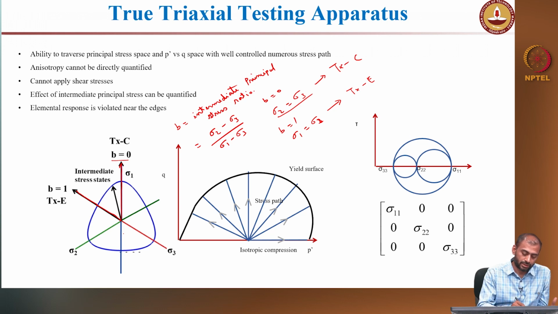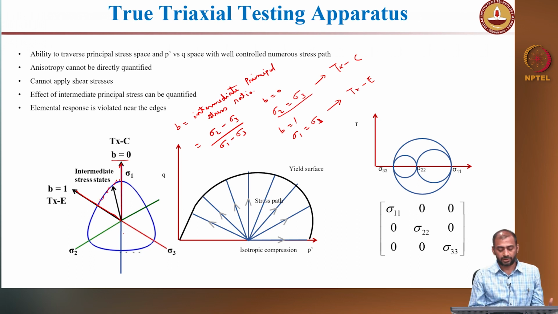So what is the different stress state in between? This is one sector of the failure locus, which is about 60 degrees. This is triaxial compression, this is triaxial extension. If you perform different stress paths, you will get the failure points on the octahedral plane, right. Similarly, in P prime Q space, this is how you get the failure points, right.